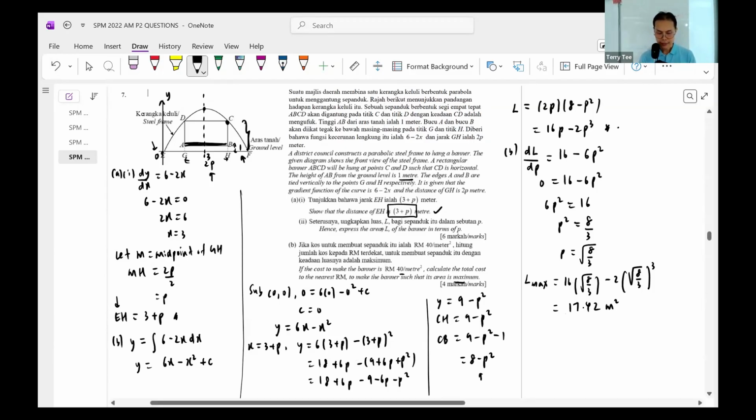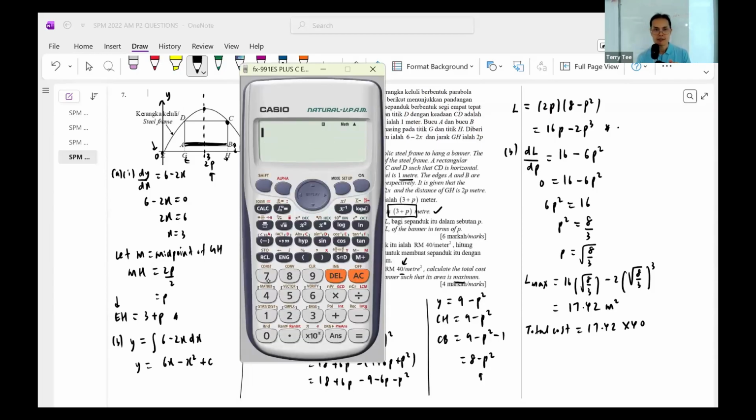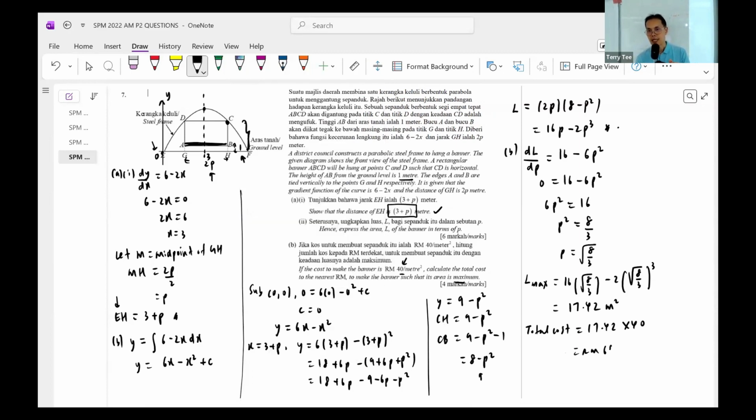Okay, all right. Now, next, you're finding the total cost. So, the cost per square meter is 40 ringgit. So, what's your total cost? Take 17.42 times 40 ringgit, you should get 696.80.